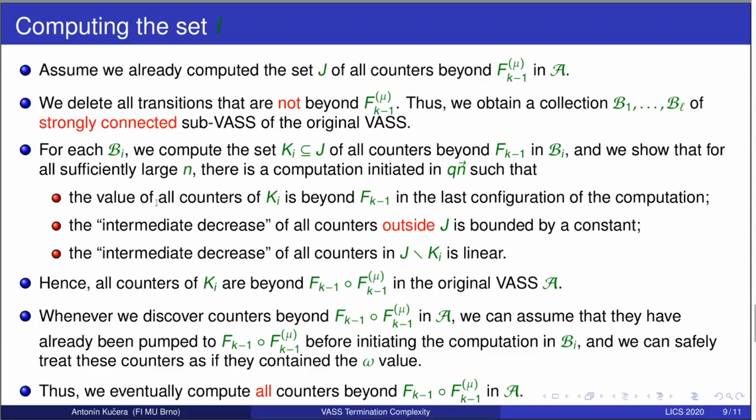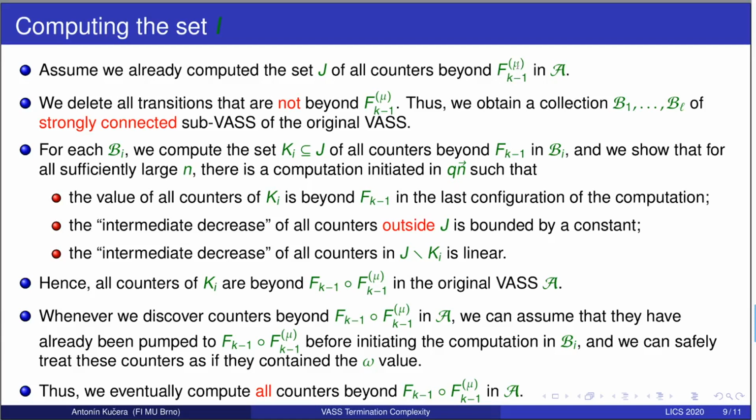Then, for each sub-VASS Bi, we compute the set Ki of all counters which are pumpable beyond fk minus 1 in Bi. Intuitively, this is the way how to provide one additional iteration of this fk minus 1 in order to pump the counters contained in Ki, not just beyond fk minus 1 mu, but also beyond fk minus 1 mu plus 1.